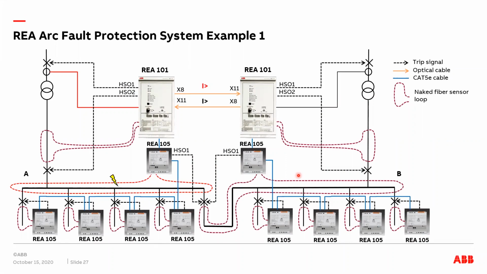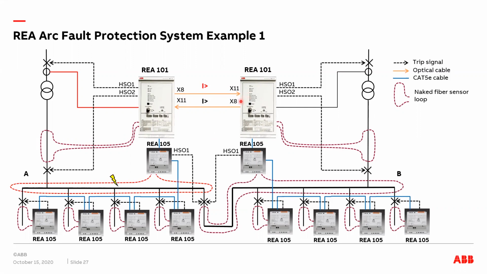Here we have an REA arc fault protection system, and it's a typical main-tie-main construction, what is described here. We have REA 101 units for both incomers, and we are sharing the overcurrent via optical links between these REA 101 units.